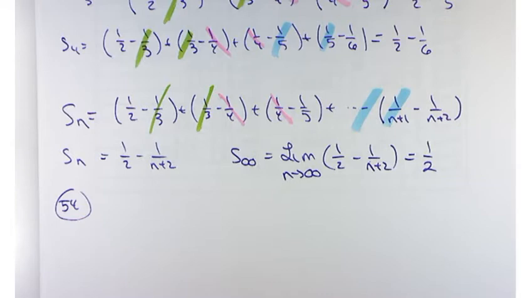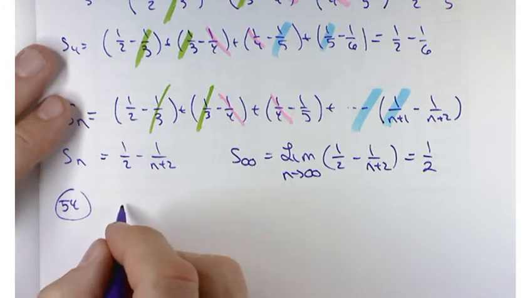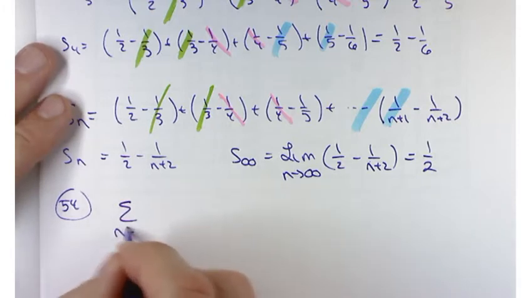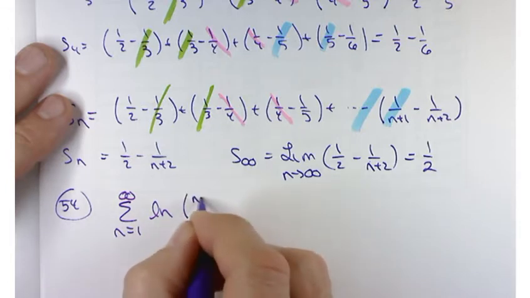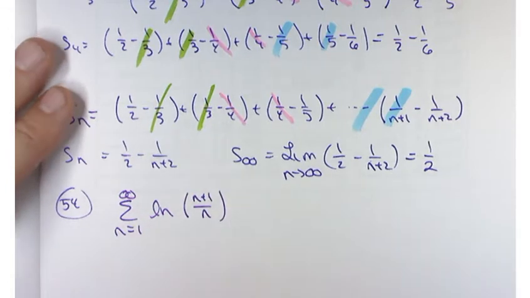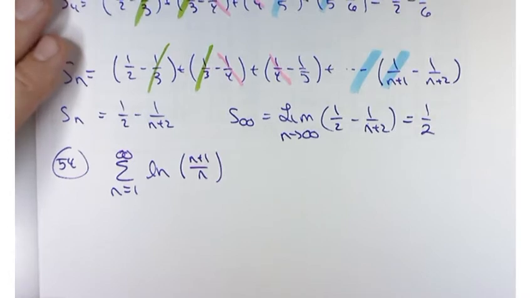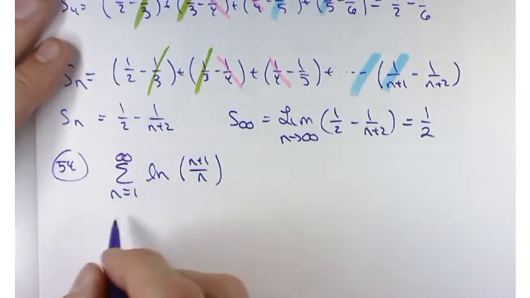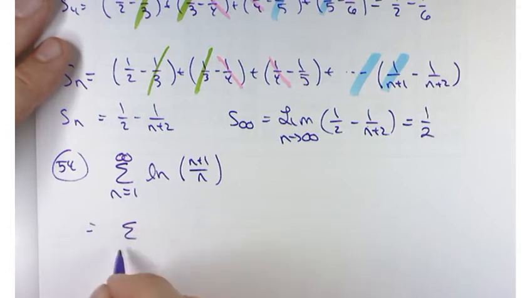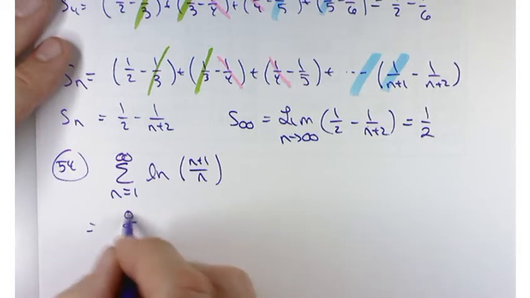Sum from n equals 1 to infinity of the ln of (n plus 1) over n. Well, let's start out by using a little property of logarithms.